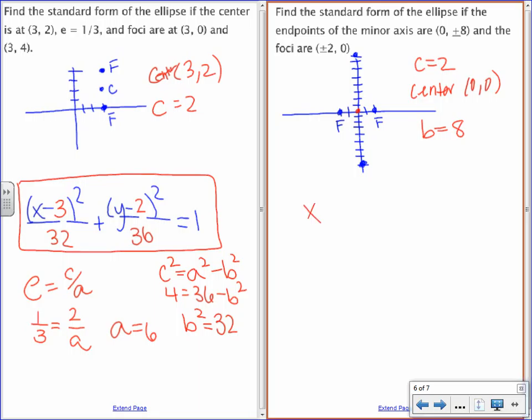Excellent. Okay, so we know we have this. I'm not going to write minus h and minus k because our center's at (0, 0). So we know that b is 8, which makes this denominator 64.